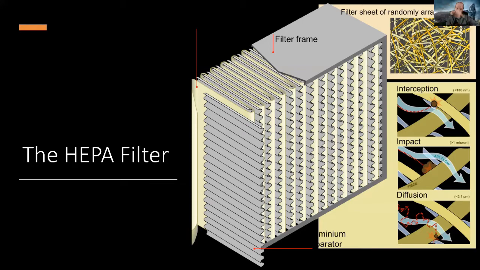And then the filter is wrapped around like an accordion design. So if you've ever replaced your cabin air filter in your car, you can see it has kind of like a zigzag structure to it, and that way it increases the overall surface area that the air can get pushed through, so it's easier to push the air through. Okay.